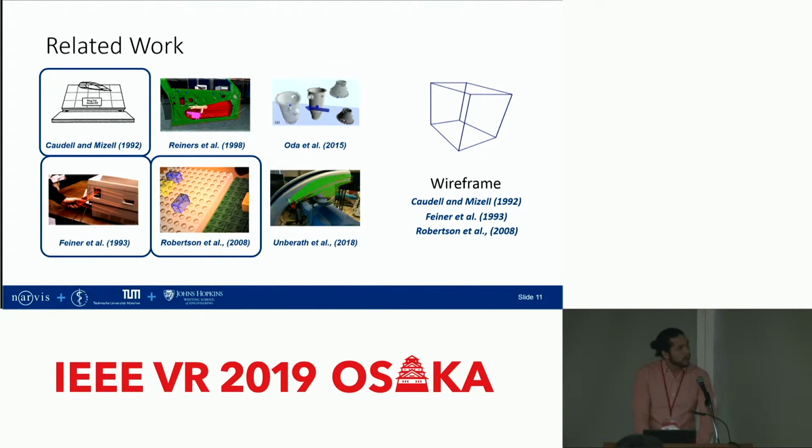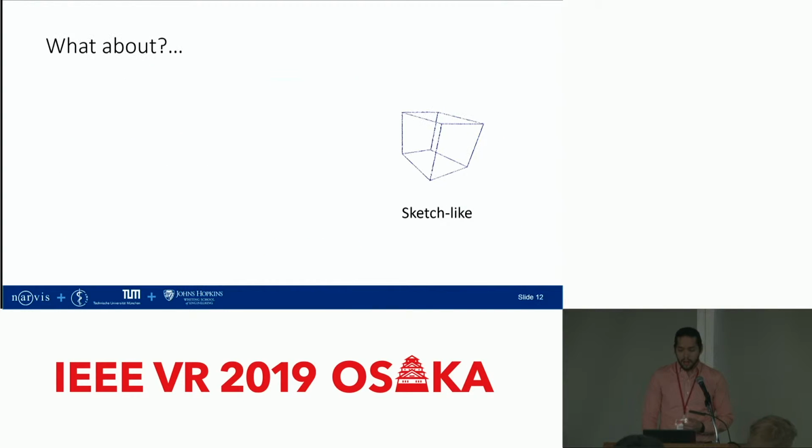It's true that this wireframe representation allows the user to see through the objects and considerably reduces the occlusion when achieving the alignment. But it's also true that the geometrical information that is shown corresponds to the distribution of the model vertices and not to the shape of the object. So why not try another kind of visualization like sketch-like.